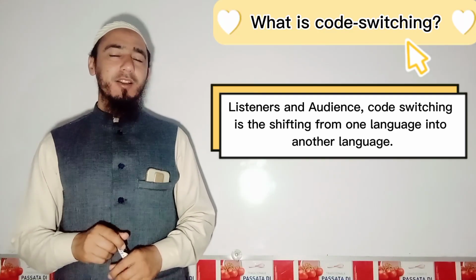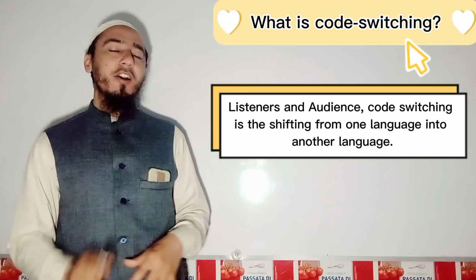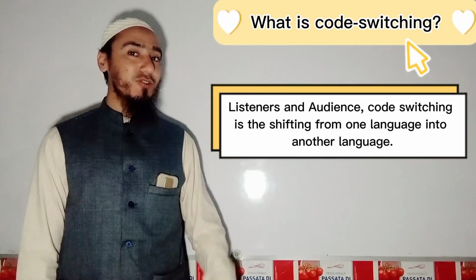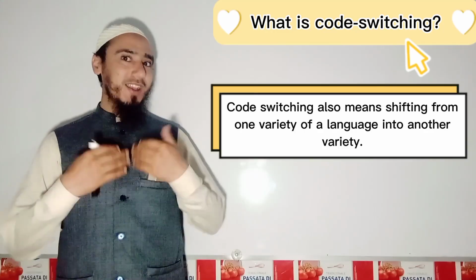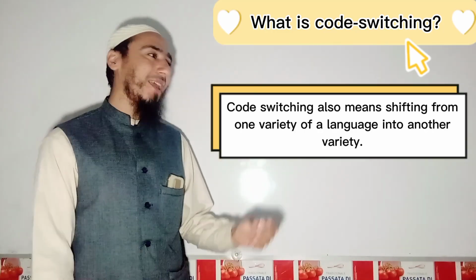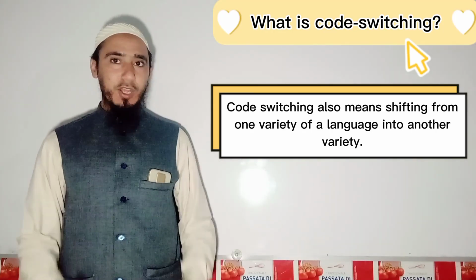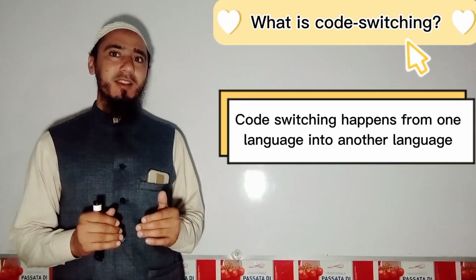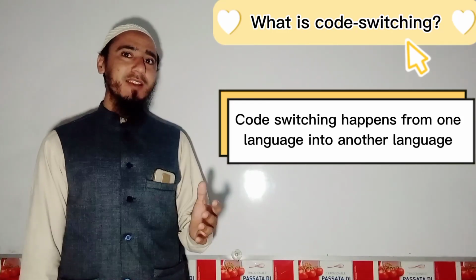Listeners and audience, code switching is the shifting from one language into another language. Code switching also means shifting from one variety of language into another variety. Code switching happens from one language into another language.